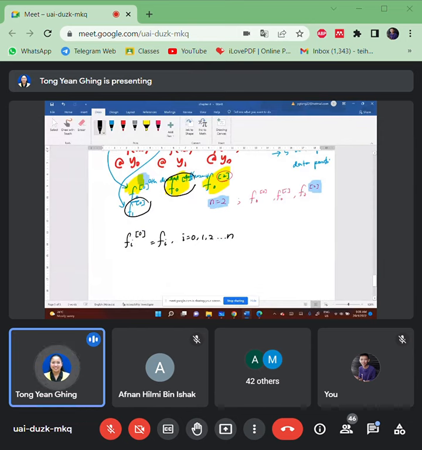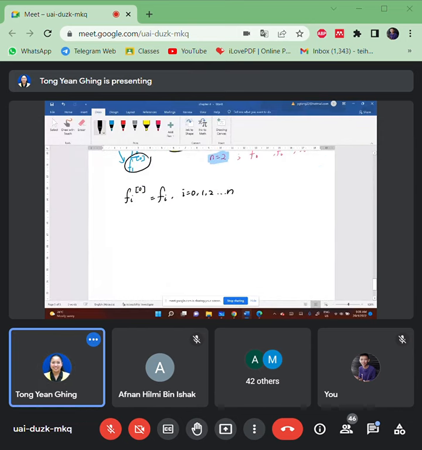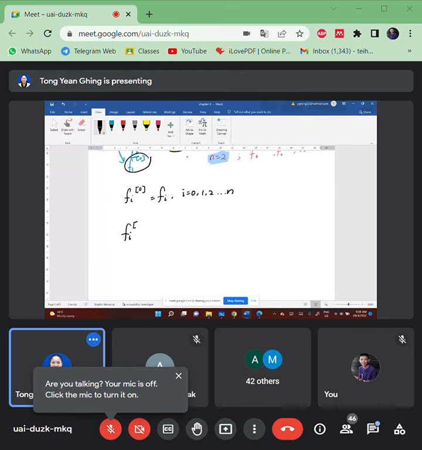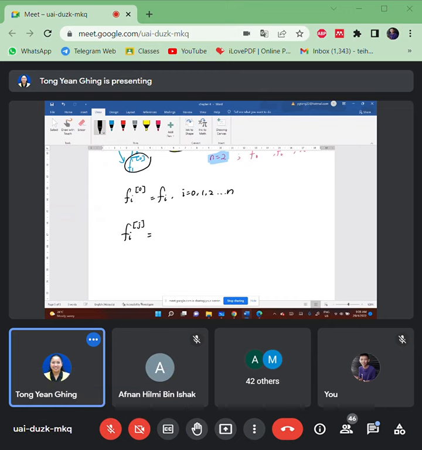For the next, Fi for j is equal to F(i+1, j-1) minus F(i, j-1), divided by x(i+j) minus xi.